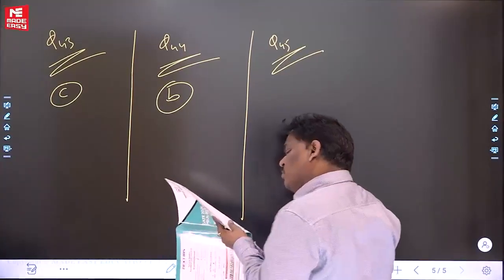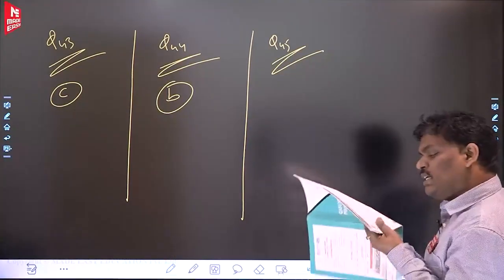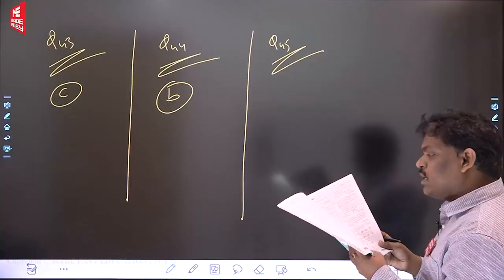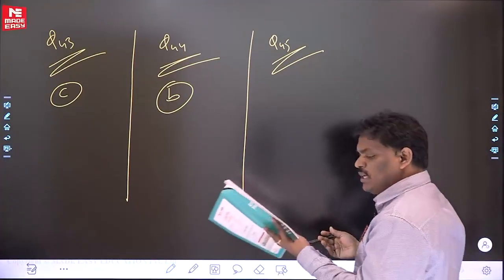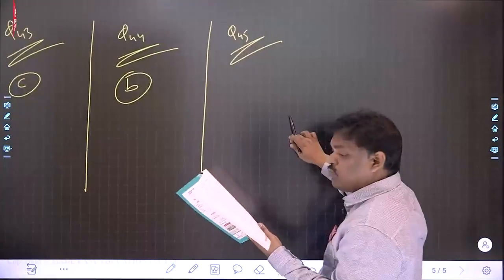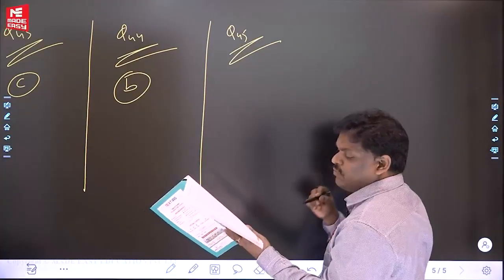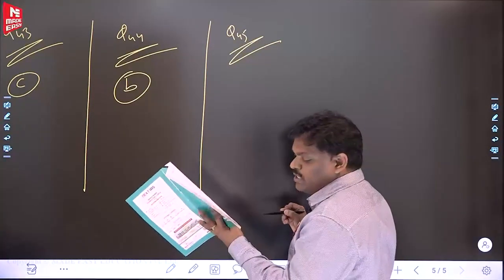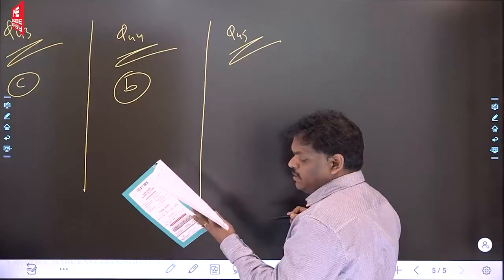Question number 45. One graph is given. He is asking, if you construct the MST for that graph, what is the cost of the MST? Let me do this one. Nothing there here, let me do it here. Question number 45. What will be the answer? Let me check if you create the MST. Can you help me? How many vertices are there? A, B, C, D, E, 5.